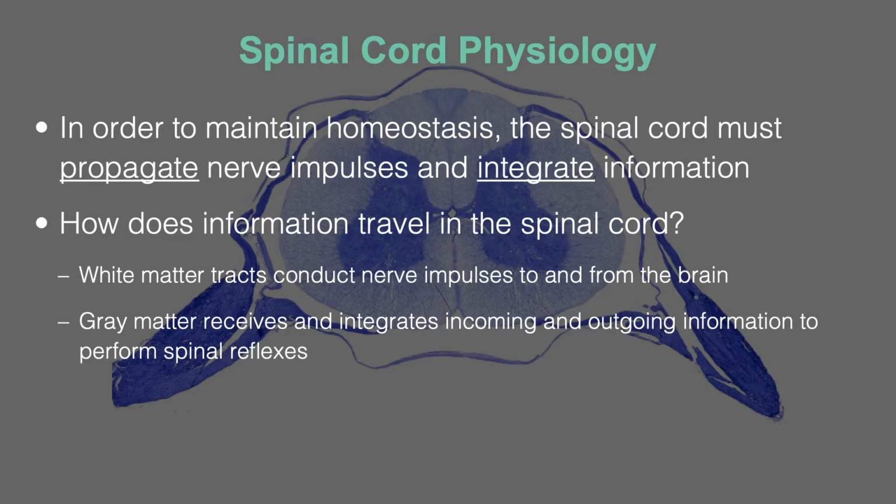Gray matter is where the synapses occur. And wherever synapses occur, information is modified or interpreted or processed. Remember, synapse is just a connection between two nerves or two neurons. So the gray matter will receive the signal and integrate it. I often use integrating as an interchangeable term for processing.